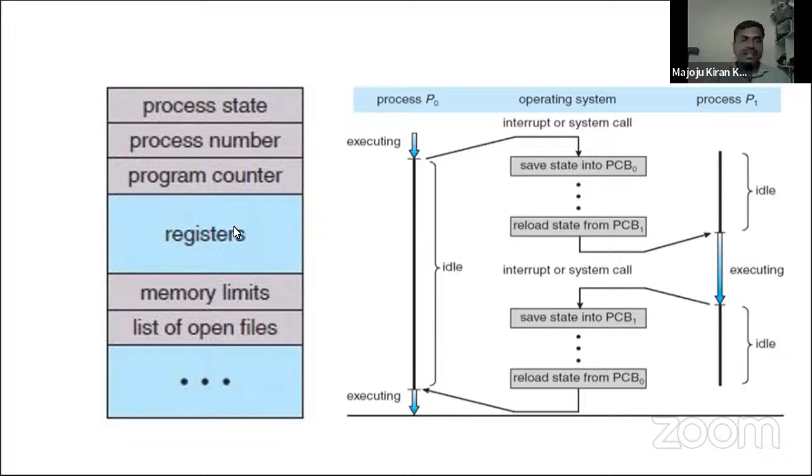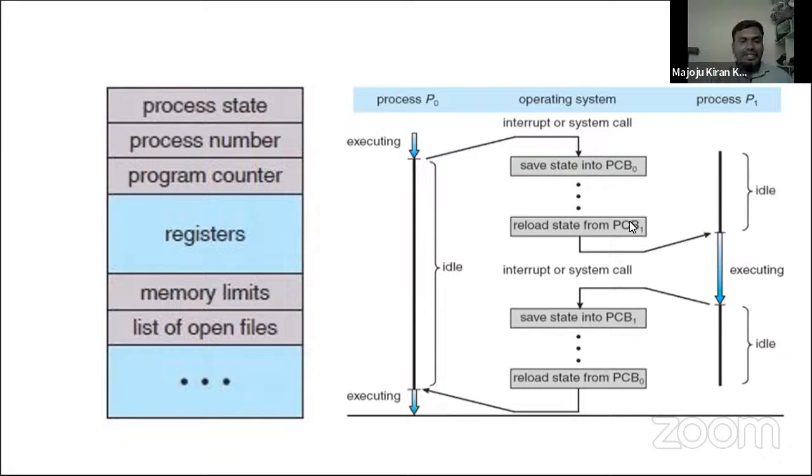And registers give the information about the CPU registers which are in usage, and the memory limits. That means how much resource has been already utilized and how much is now being used. And the list of open files, that means whether the process is accessing any file, that file information will be given here. So like that, the PCB gives the information about a particular process.